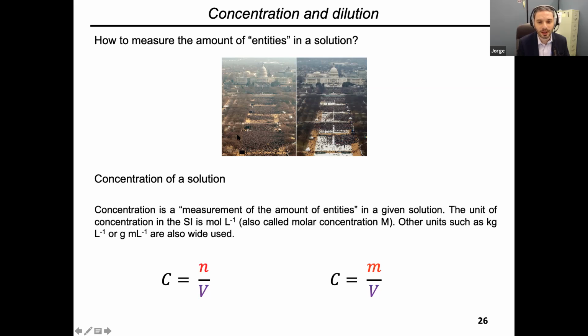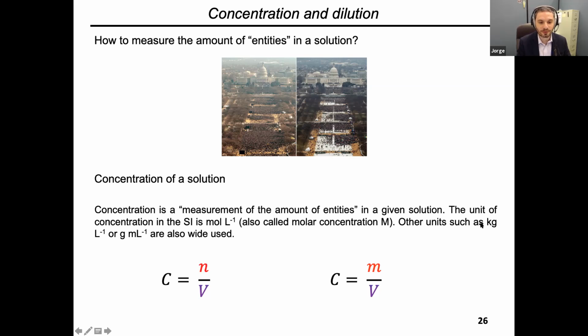Therefore, we can say that on the left, we have a higher concentration of people compared to the one on the right side. In chemistry, the idea is very similar, but we are dealing now with molecules or ions, okay? So we can calculate the concentration of anything. And concentration is a measurement of the amount of entities in a given solution.